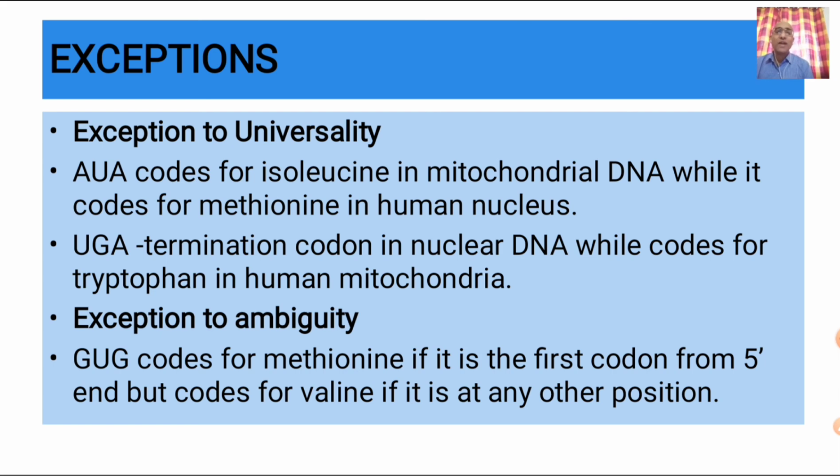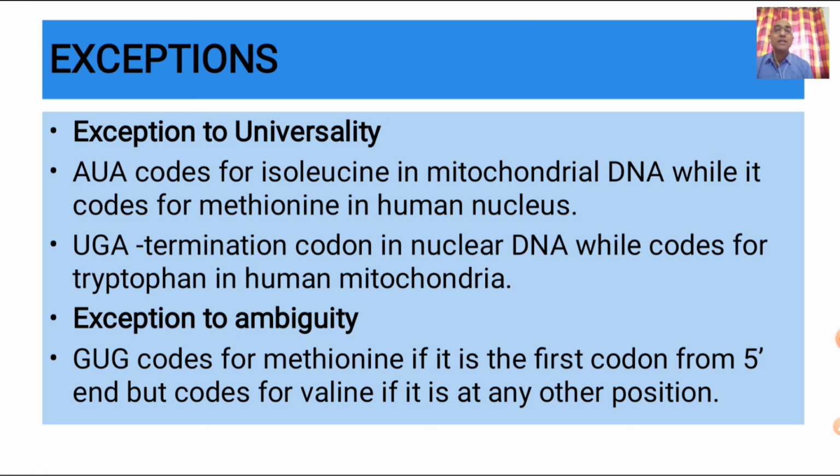AUA codes for isoleucine, an amino acid, in mitochondrial DNA, while it codes for methionine in the human nucleus. It should code for isoleucine in each and every case, but in the human nucleus the same AUA codes for methionine.